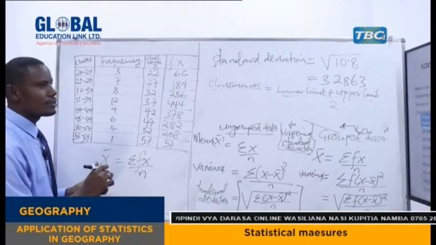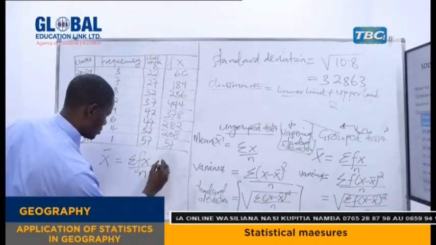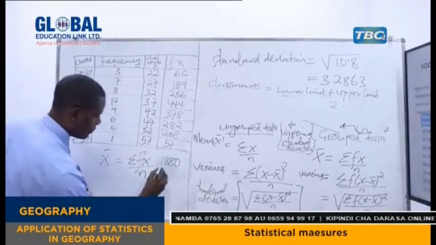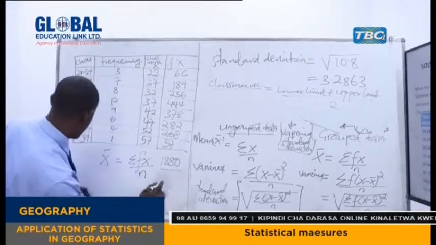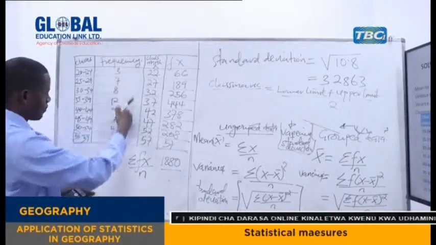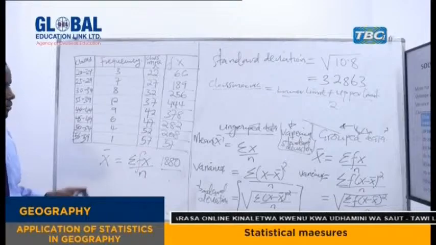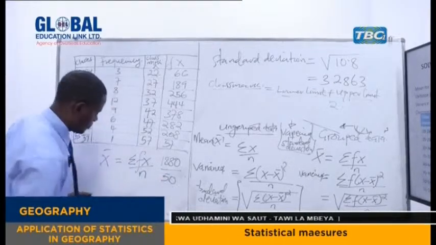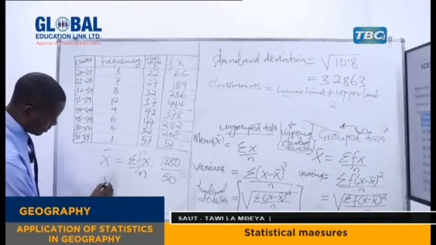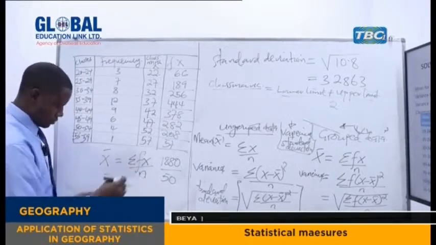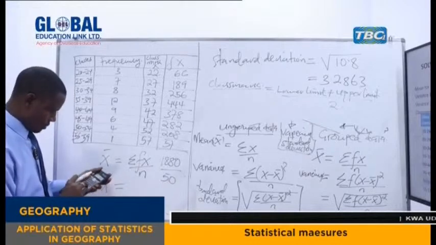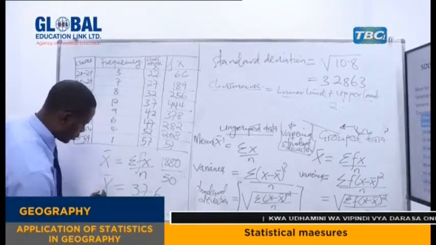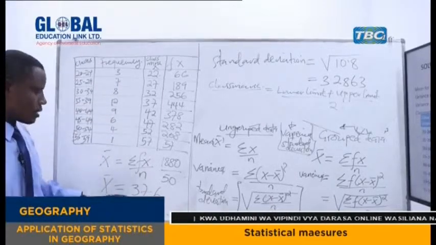Then the answer is equal to 1880. Then we divide by n, and the n for our case is the summation of the frequency. If you sum up the frequency, you come up with 50. So the mean for our case will be 1880 divided by 50, and then we get 37.6. So 37.6, this is our mean.